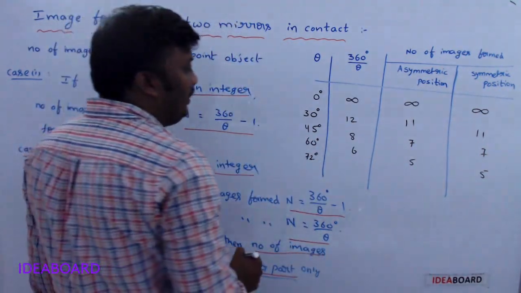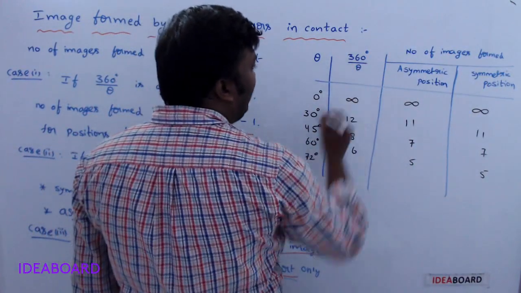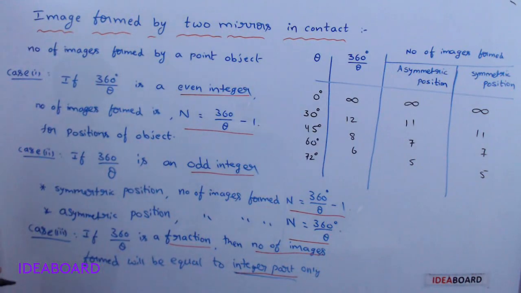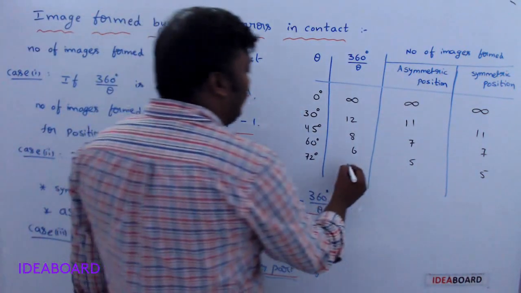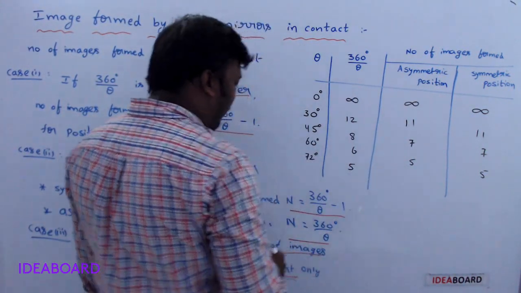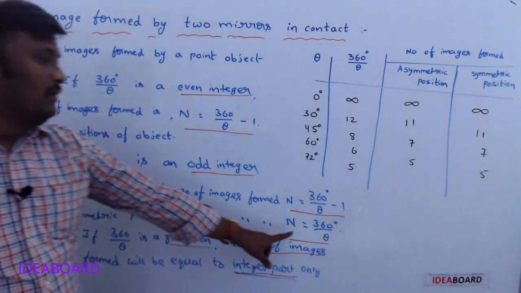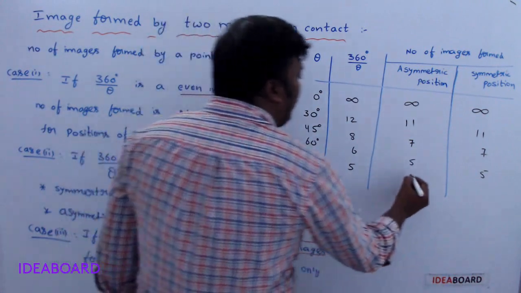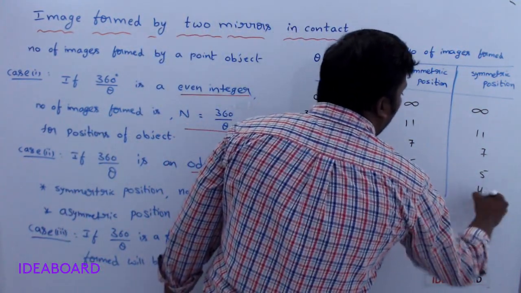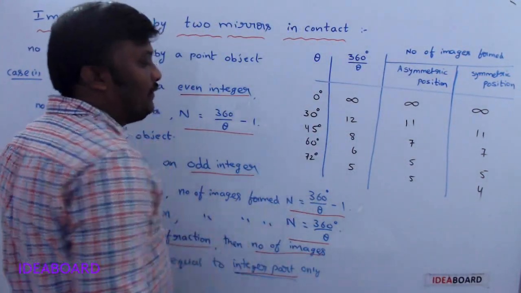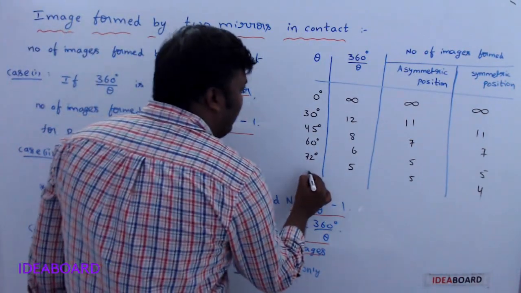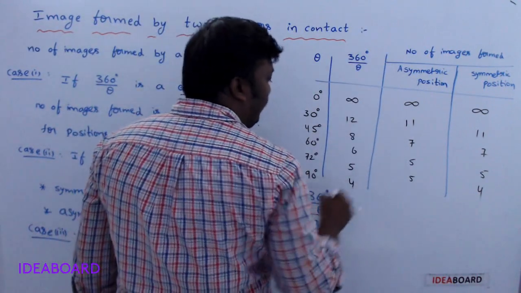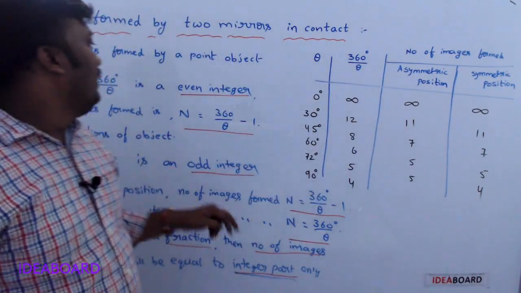If it is 72 degrees, what value do you get? 360 by 72 is 5. For asymmetric position, 360 by theta is 5, so the number of images formed is 5. For symmetric, 5 minus 1, 4. Like that, 90 degrees. If it is 90, again you get 4, an even integer.